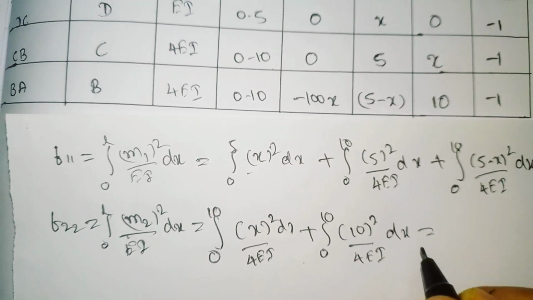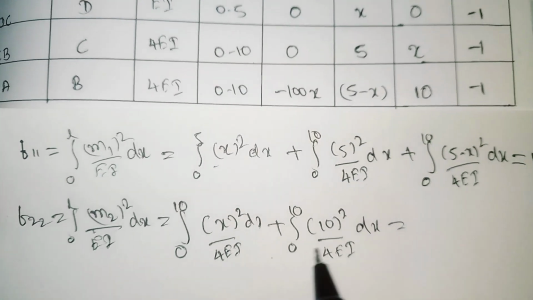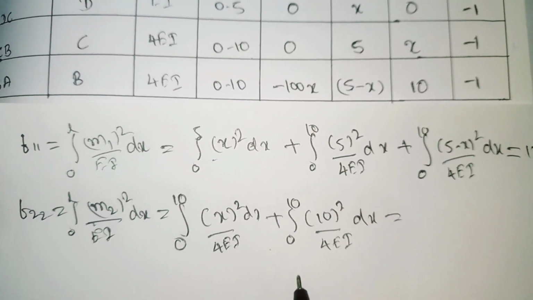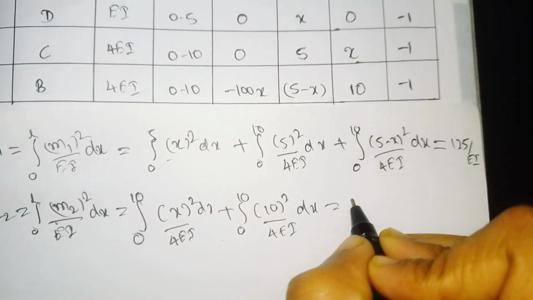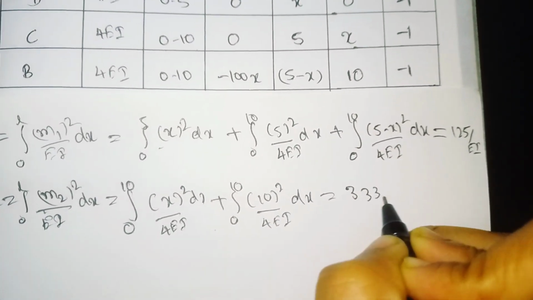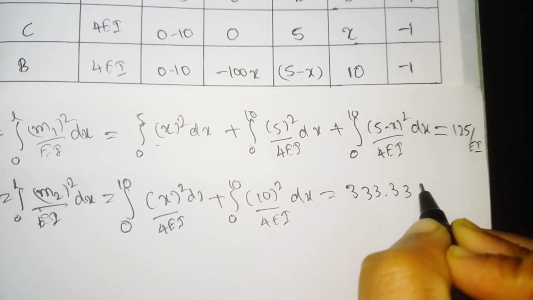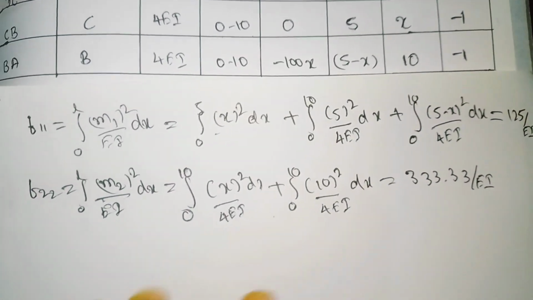Now solve it using a calculator. You all know how to calculate using the calculator, so I am directly writing the answer here. It will come out as 333.33 divided by EI.